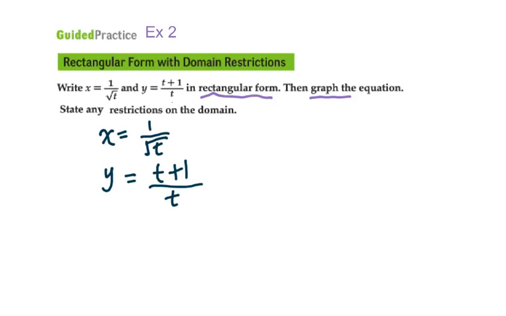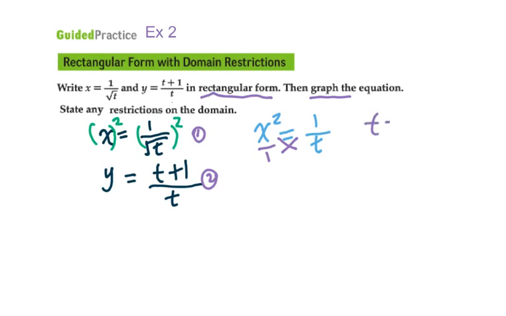So we look at the first equation. This is the second one. We can square both sides. We got x squared equals 1 over t. Do cross multiply.